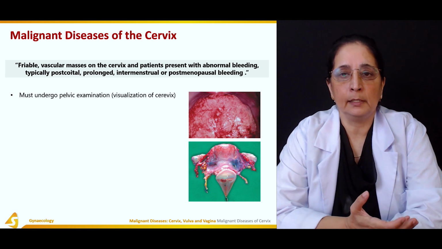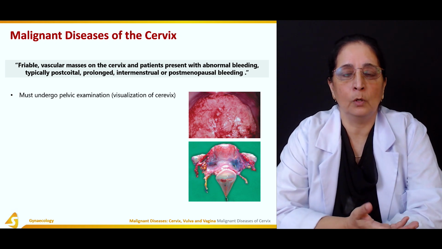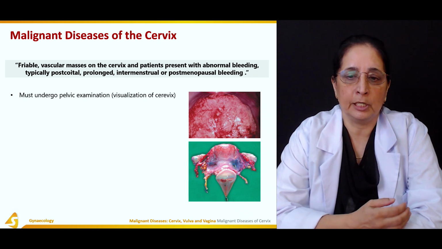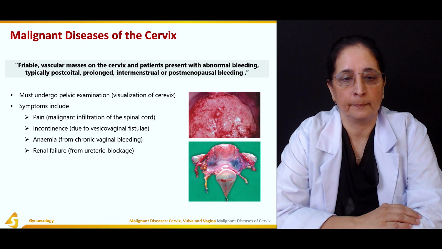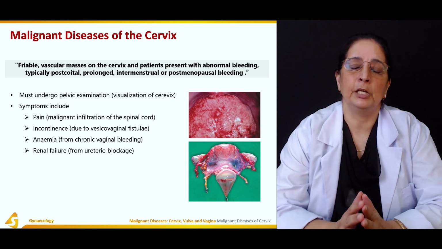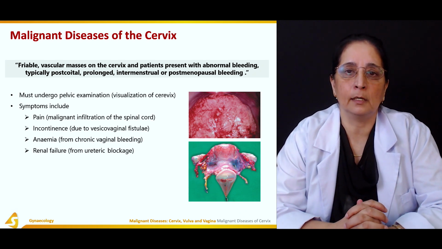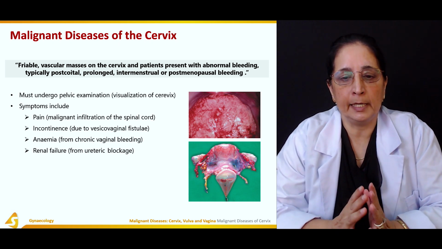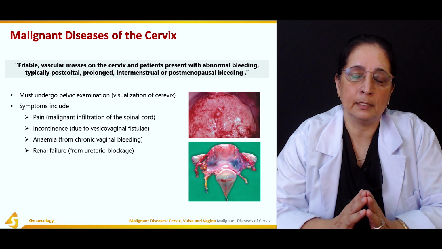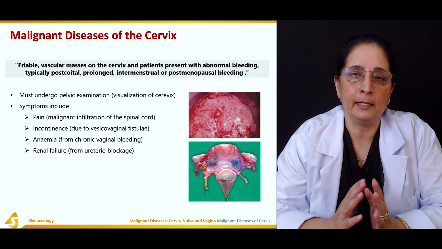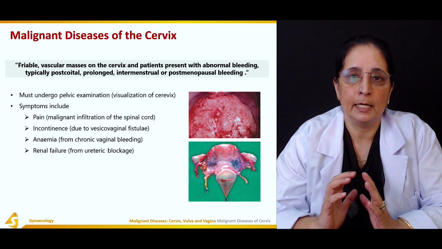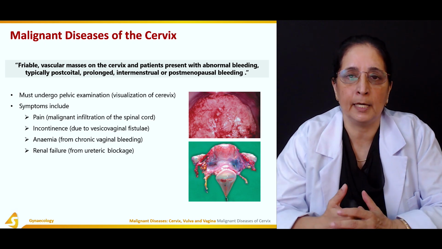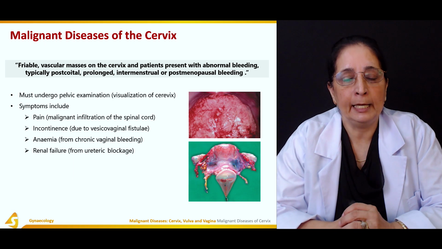A patient with cervical cancer must undergo pelvic examination, which is the visualization of the cervix. The symptoms of a patient with cervical carcinoma or cervical malignancy usually include pain. Pain is more likely when the malignancy has infiltrated into the spinal cord, so the patient complains of back pain.